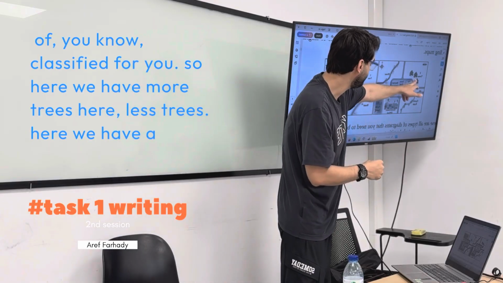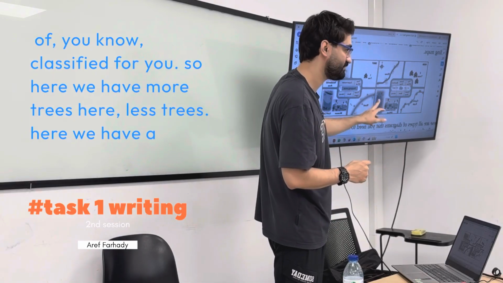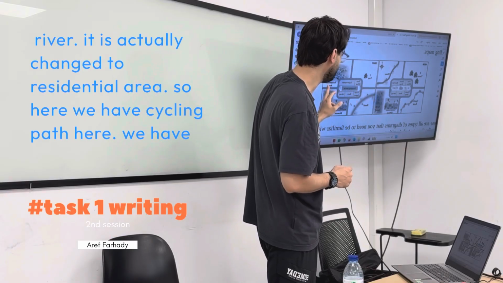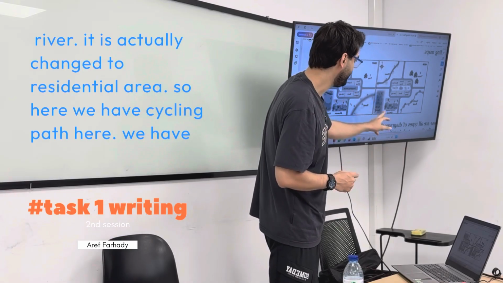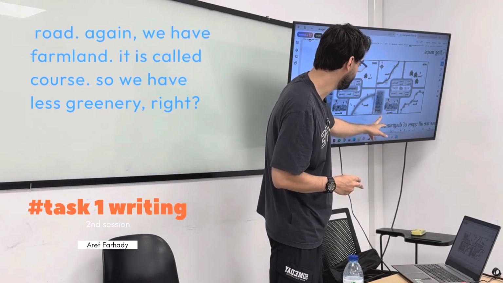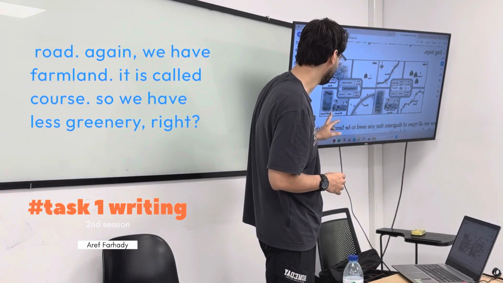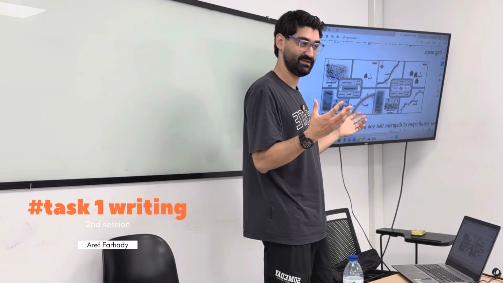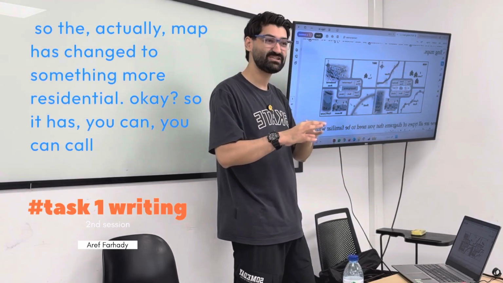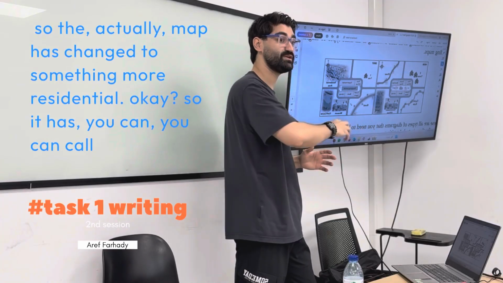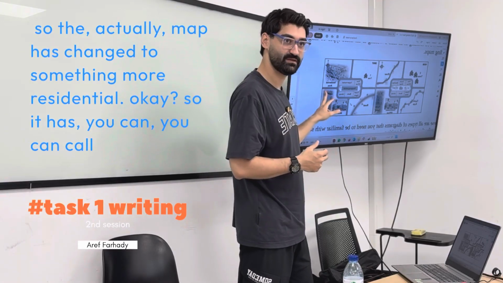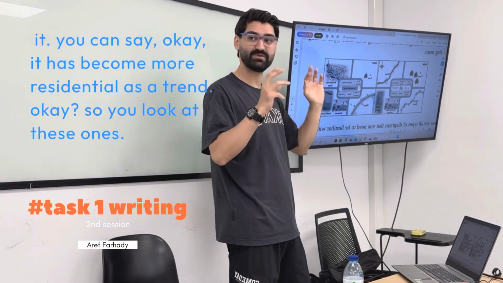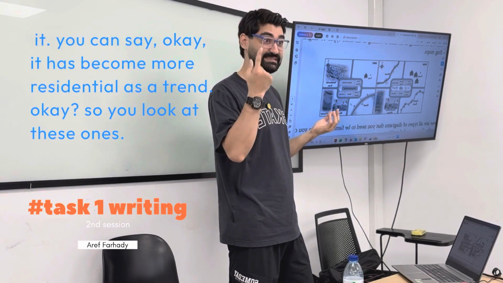Here we have more trees. Here we have fewer trees. Here we have a river. It has changed to a residential area. Here we have a cycling path. Here we have a road. Again, we have farmland. It is a golf course. So we have less greenery, right? So the map has changed to something more residential. You can say it has become more residential as a trend.